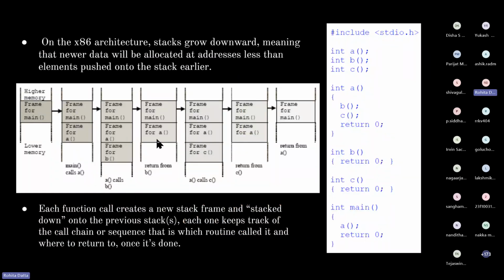Okay, so in this example, you see that the main function is calling A, but after A is executed, there can be extra code written after it. So after A is executed, you have to return to your main function.